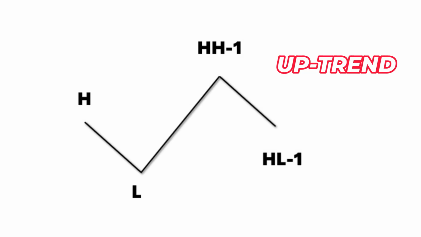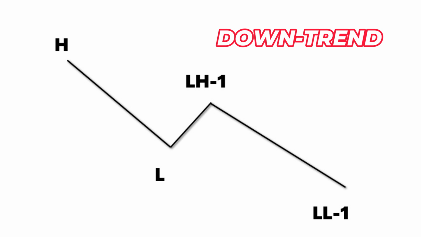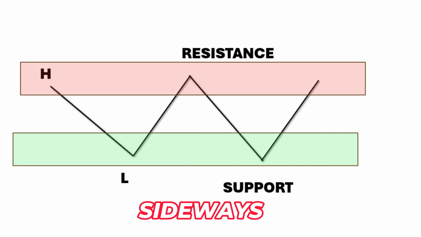By looking at higher highs and higher lows for an uptrend. And for a bearish trend, you are looking for lower lows and lower highs. Simple. Or you look for support and resistance in a sideways market. And you use candlestick patterns and chart patterns to enter the markets. So, this is what a price action trading strategy is all about.